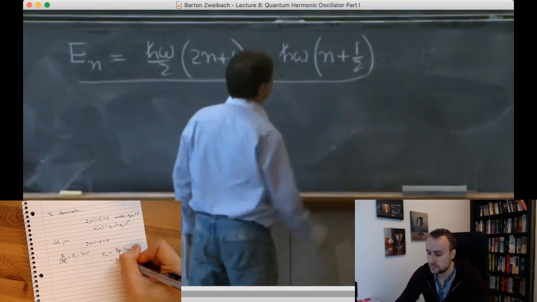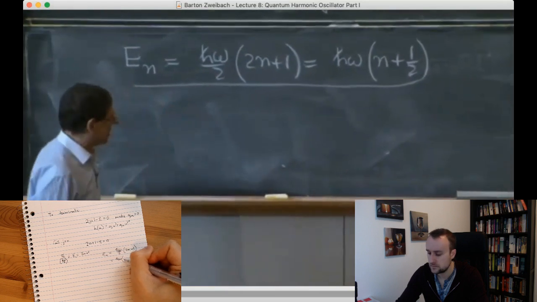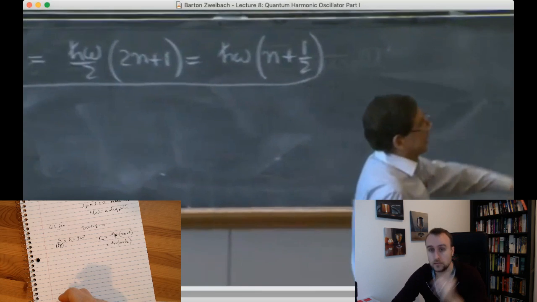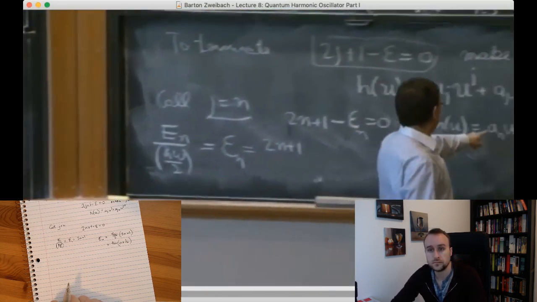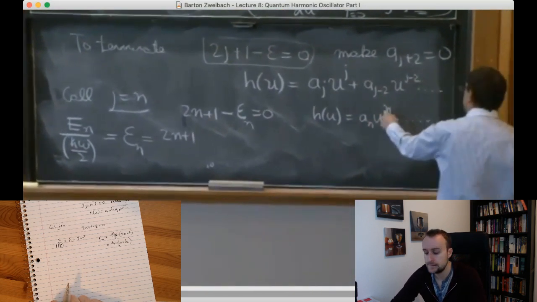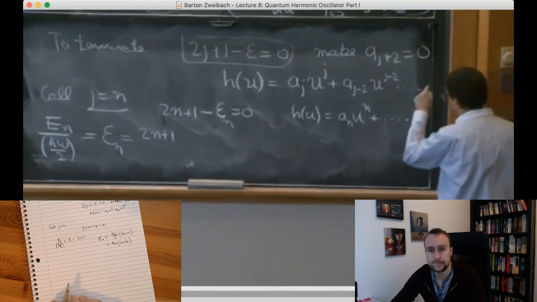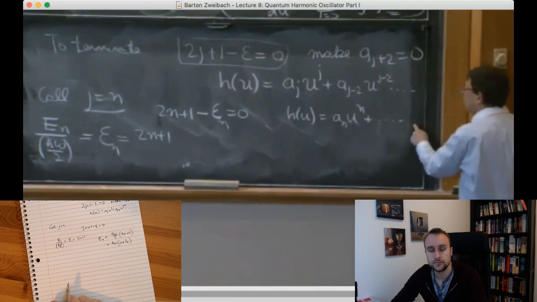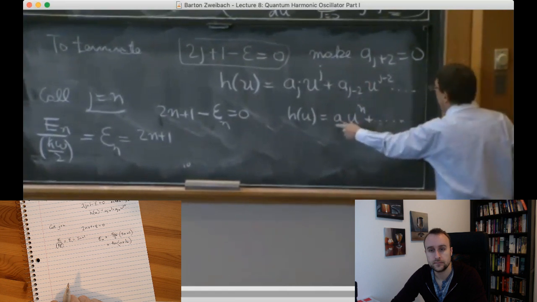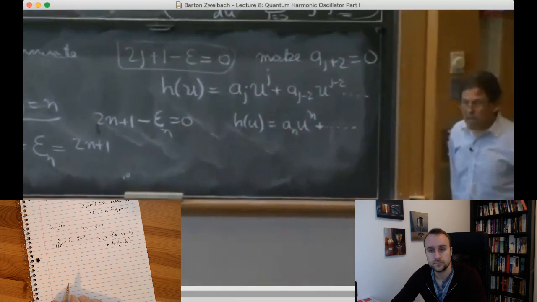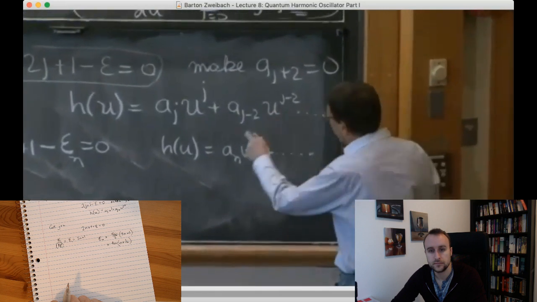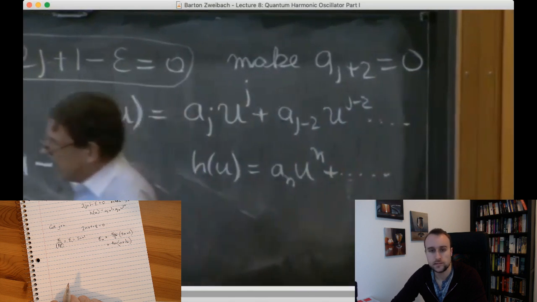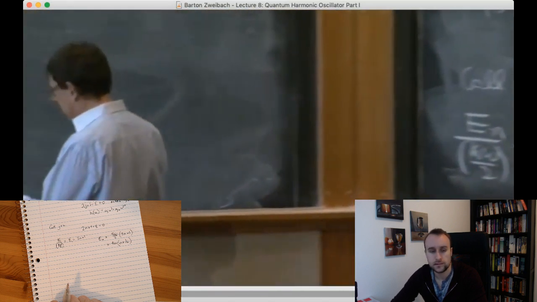The nth level of the harmonic oscillator has this energy. And moreover, you see the constants are related by steps of 2. So just like you could start with a0 or a1 and go up, you can go down. People call these functions Hermite functions, and they fix the notation so that this a n is 2 to the n. They like it. It's a nice normalization.